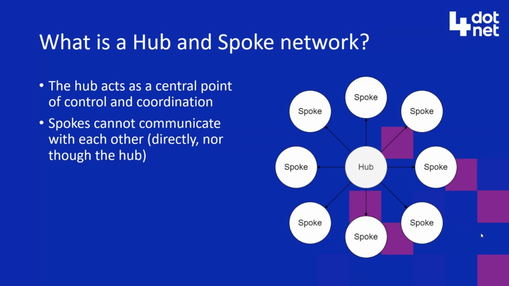And that is because spokes typically don't communicate with each other. So the hub is there as a single point of entry into your network. That means that all external traffic from the internet comes into the hub network, and the hub network will try and redirect the traffic to the correct spoke. And there are several ways to do so.